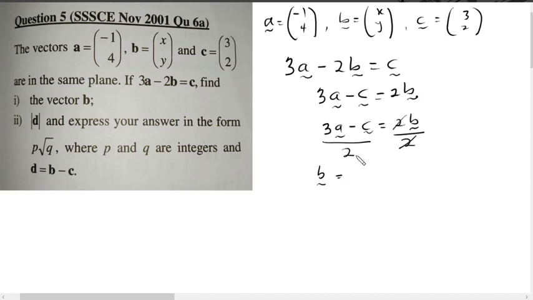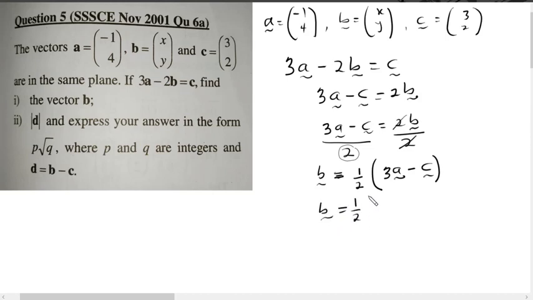Know that the 2 is a denominator, so when it comes out, it is going to be 1 out of 2. So I'm going to have 1 out of 2 times 3 times vector a minus the vector c. Perfect. So now I can find my vector b.